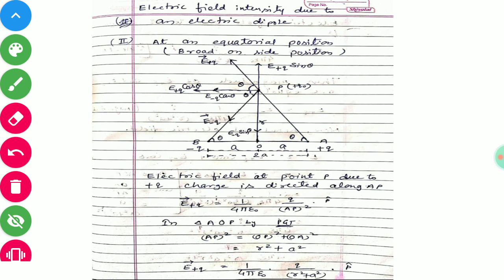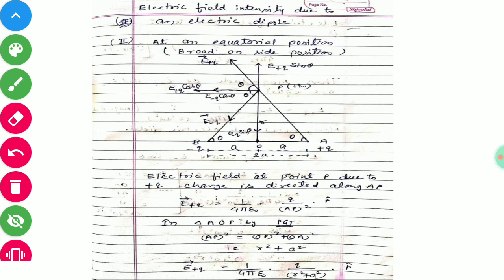Now we have to determine the electric field at point P, where the plus q naught test charge is situated. The distance from point O to point P is r.